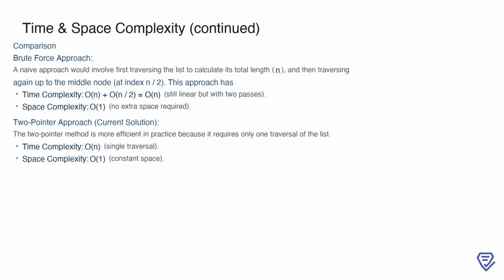The two-pointer method, in contrast, achieves the same result with just a single traversal, making it more efficient in practice. Importantly, both approaches maintain a space complexity of O(1), as neither involves additional memory usage beyond a few pointers. However, the single traversal of the two-pointer approach gives it a clear advantage in terms of runtime efficiency.